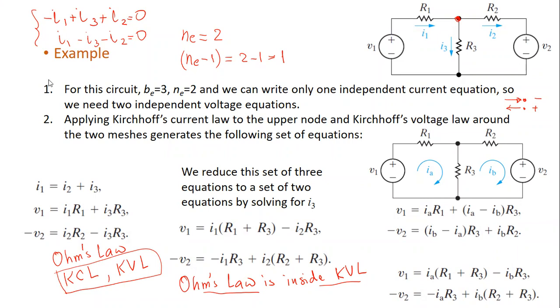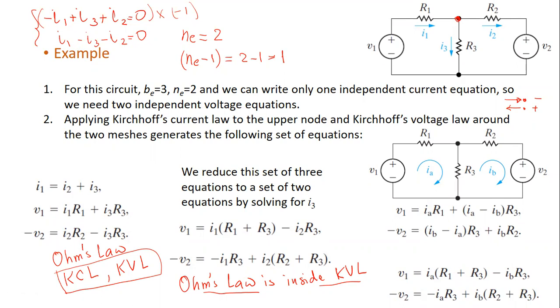Okay, so if I multiply the upper equation by negative 1, I will have the lower equation, right? So practically, these are only one equation.